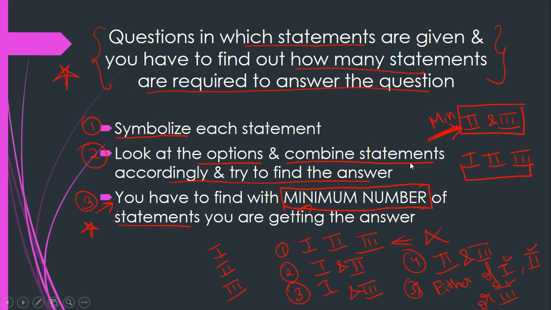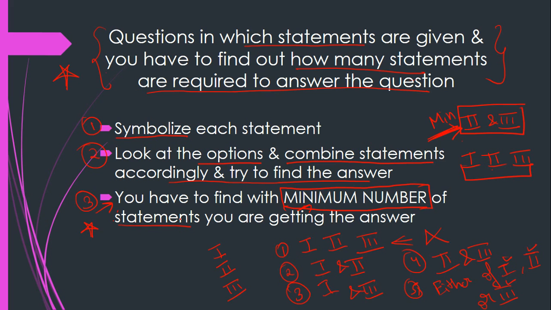In the questions which will be given in the further lecture, I think I have given 2 or 3 questions of this type. In those questions, just look at the minimum number of statements. In one of the questions there is ambiguity. You will come across it, and I will tell you the meaning of it also.